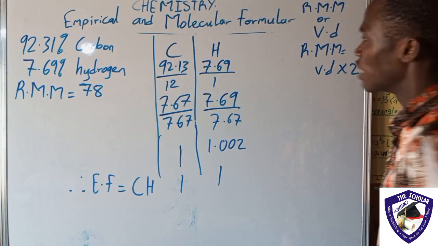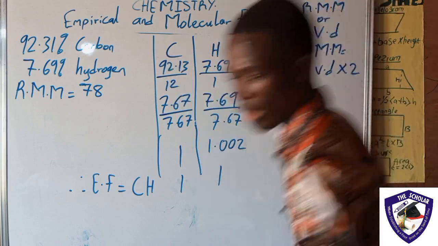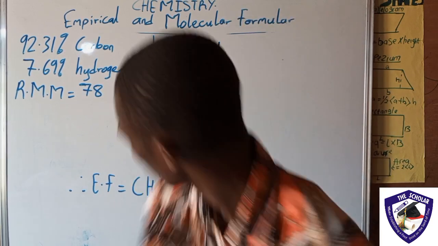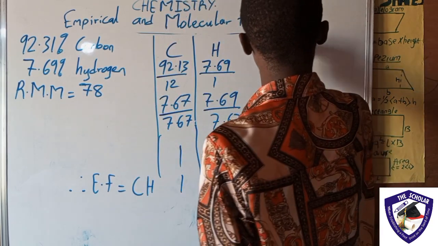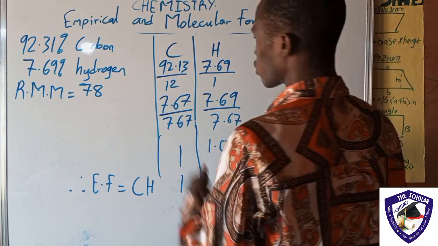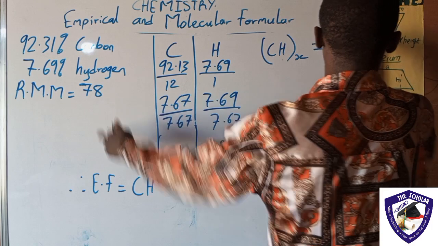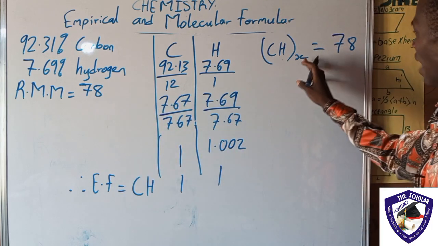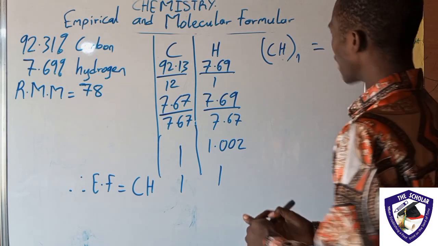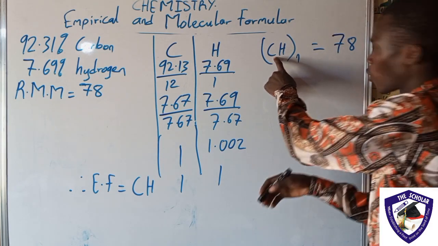Are you with me? Now to calculate for molecular formula, you will now say the CH n is equal to your relative molecular mass, which is 78. Instead of writing X here, you can write N. Then you will add this up with their relative atomic mass.